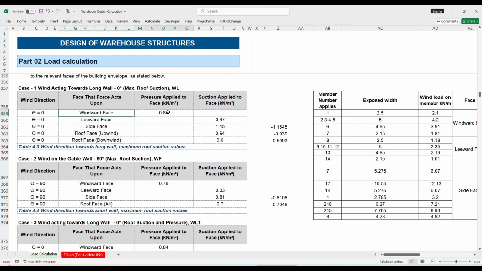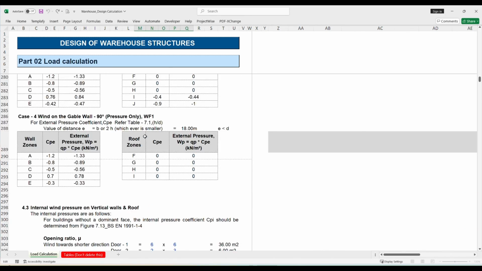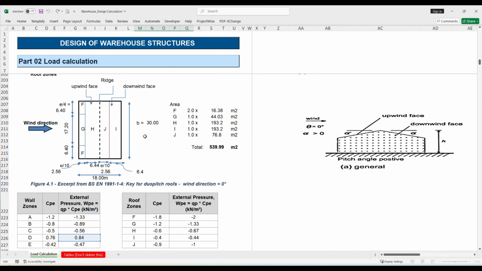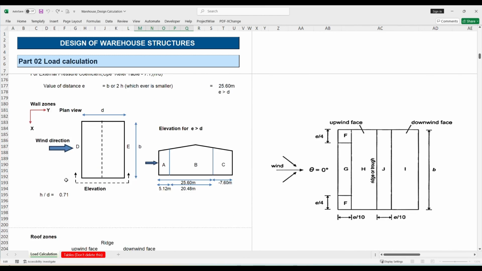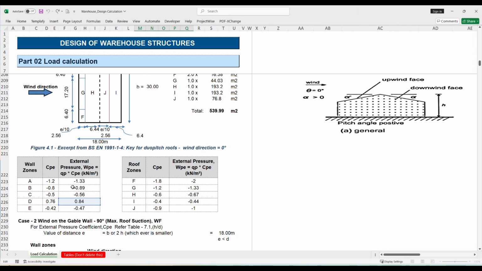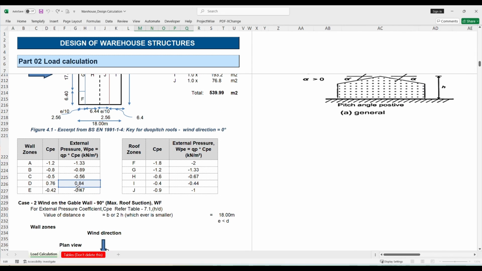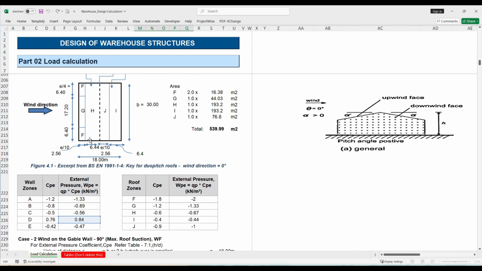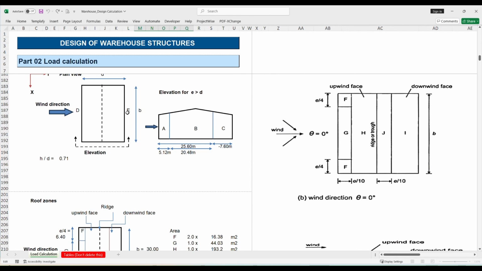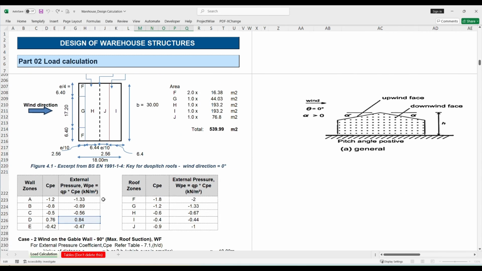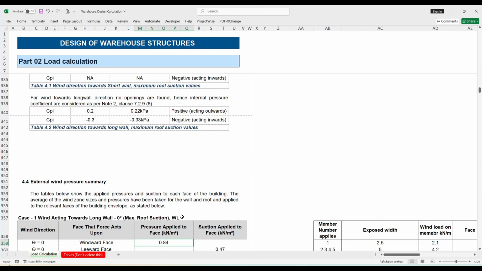How this is arrived at: this is directly calculated in the first case, that is wind in the longitudinal direction from the left. So it is D, 0.84. In this picture we can see D is the wind facing elevation and E is the exit.